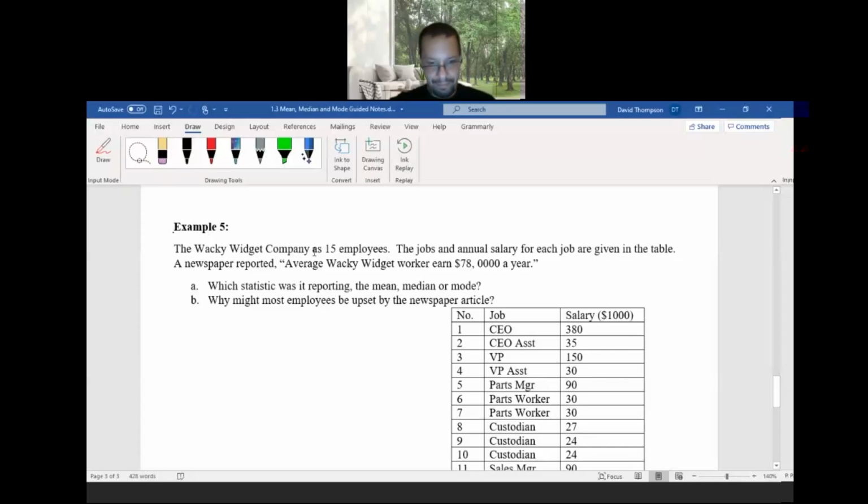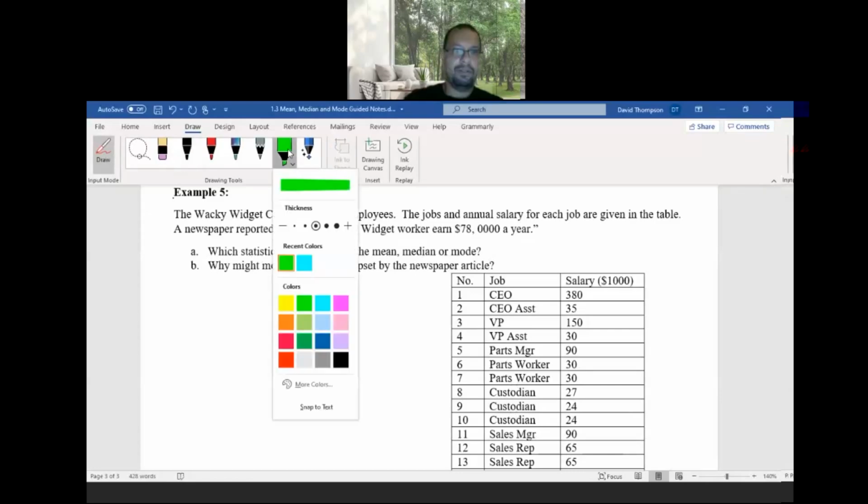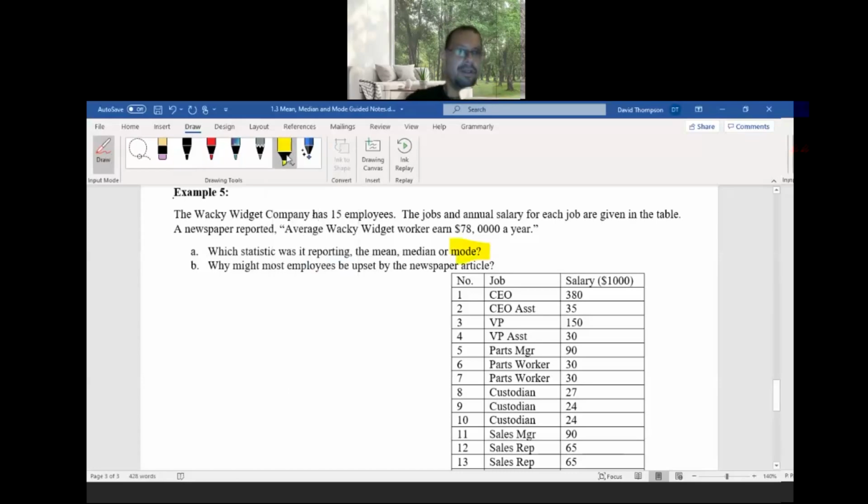So let's first look at the mode, because that's the easiest one to pick off this set of data. Let's use yellow for mode. So the mode, let's see, what's most frequent? 1, 2, 3, 4.